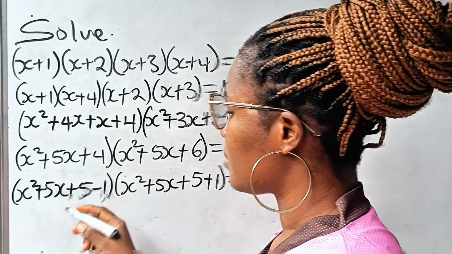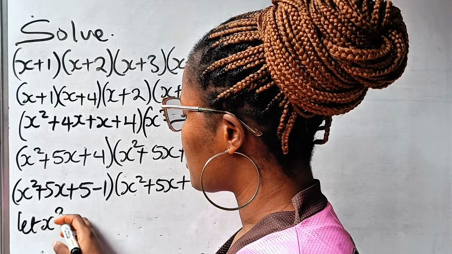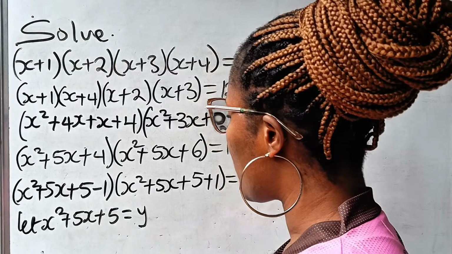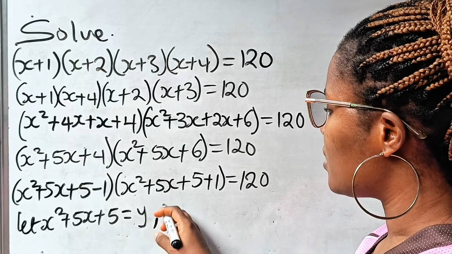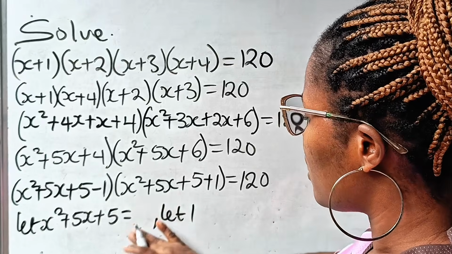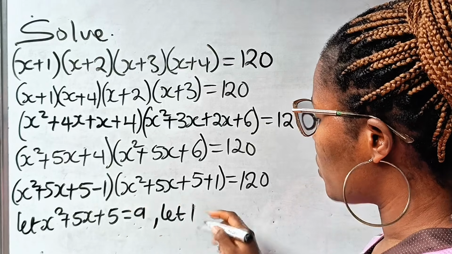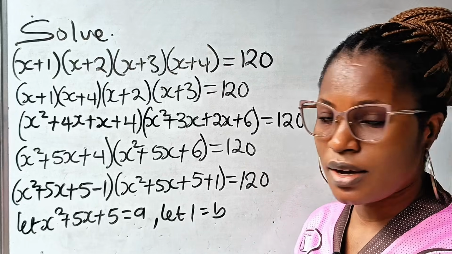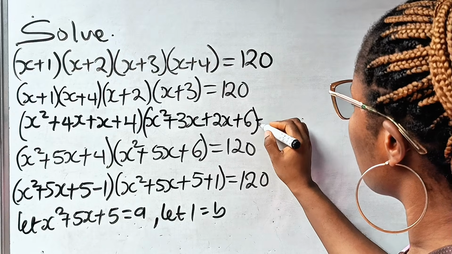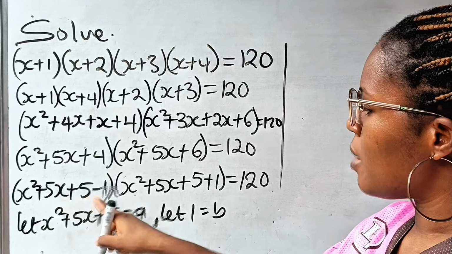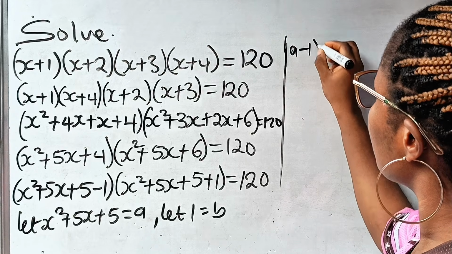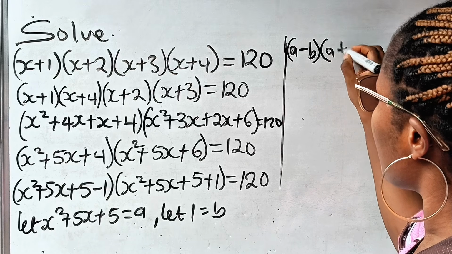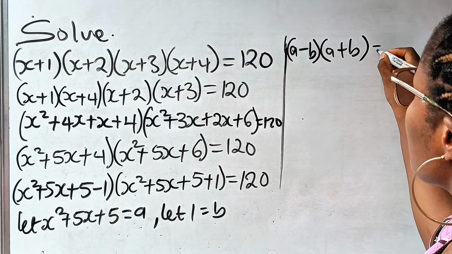Therefore, we can say, let x squared plus 5x plus 5 be equal to A, and let 1 be equal to B. If we make this statement, that means we can rewrite this as A minus B multiplied by A plus B is equal to 120.